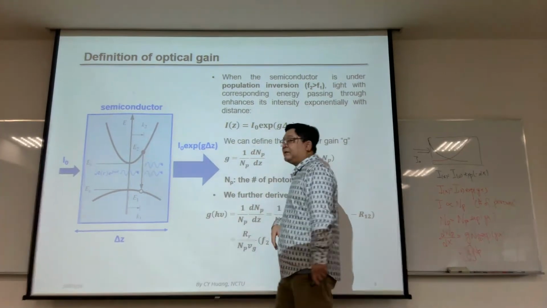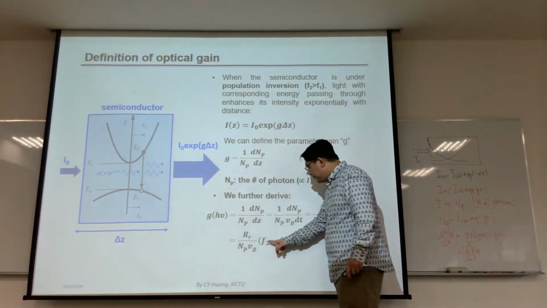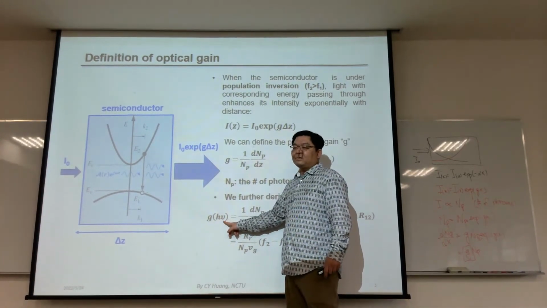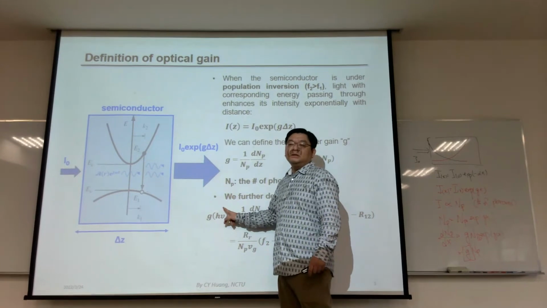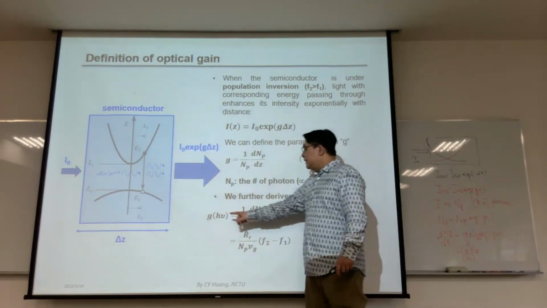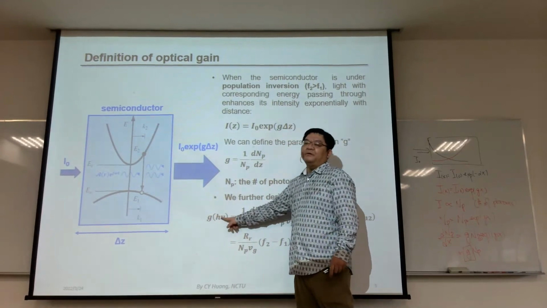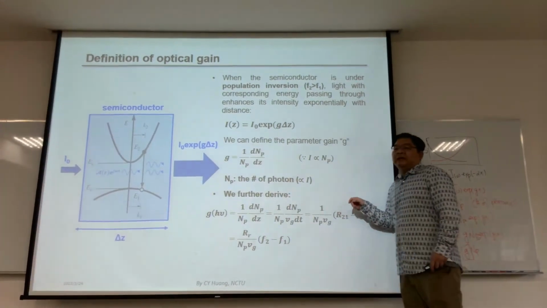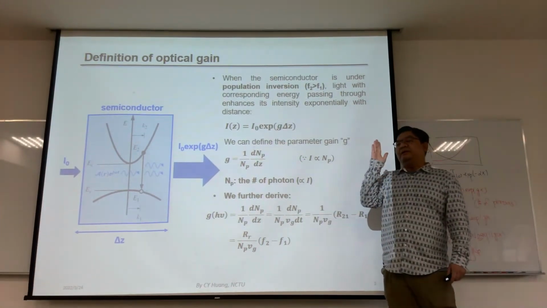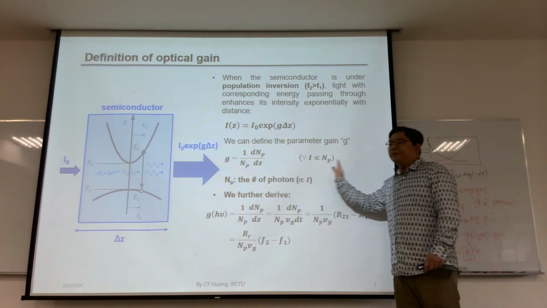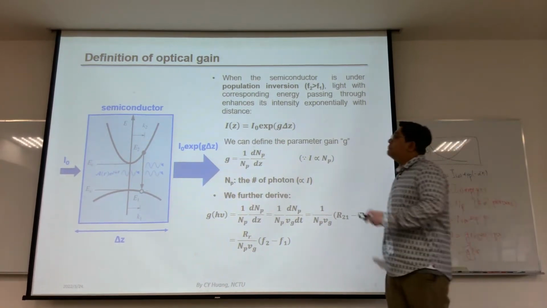So the probability definitely will change. F2 minus F1 will be a function of the photon energy, so the gain is a function of wavelength. It becomes a gain spectrum, because you can calculate the gain at one energy, and then you plot every point, and you get a gain spectrum.